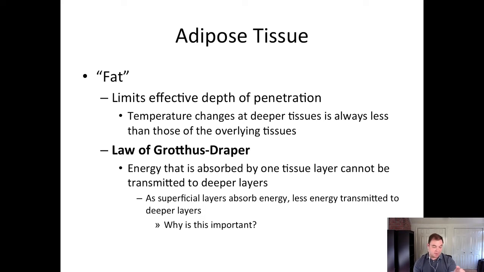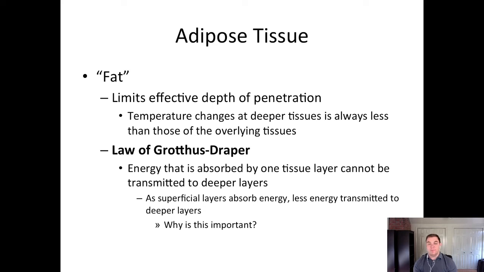Right? So if I take my lateral forearm here, I have a little bit of muscle mass, right? If I place a hot pack here, got some skin, got a little bit of fat, but the superficial layer here is going to get more energy compared to the deeper layer. And that really is the law of Grotthuss-Draper.